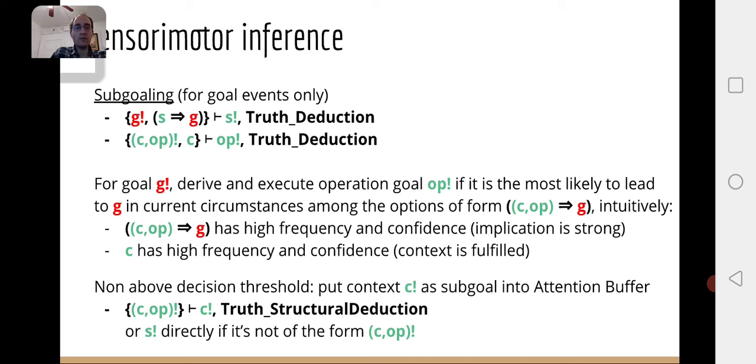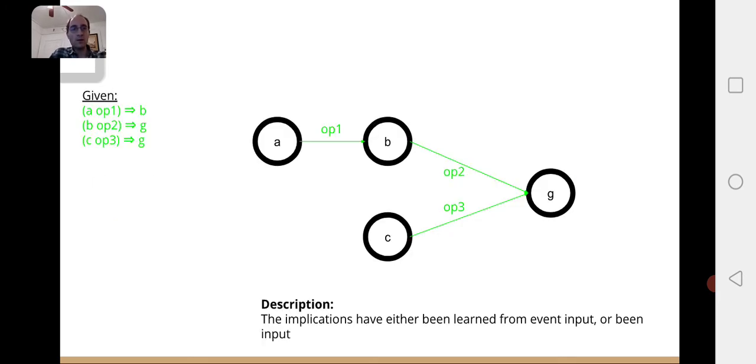So C is derived as a subgoal, so that essentially the decision making can happen over multiple steps, because often you can't get G by a single step. Often you need multiple steps to get from current circumstances to the goal you want to achieve. And we will look through an example here.